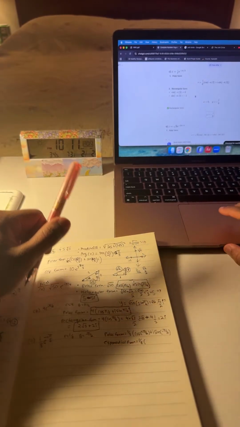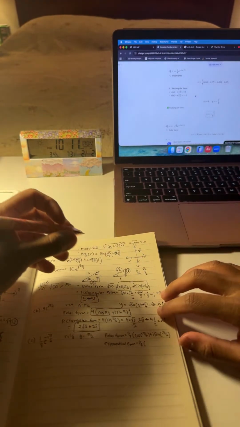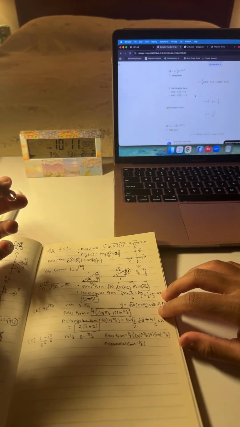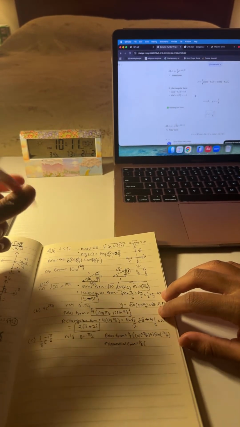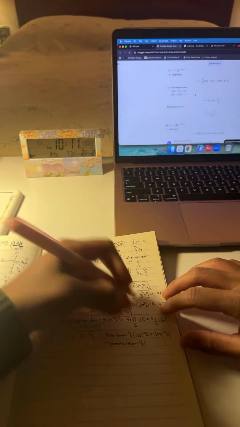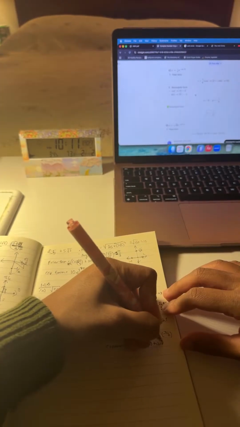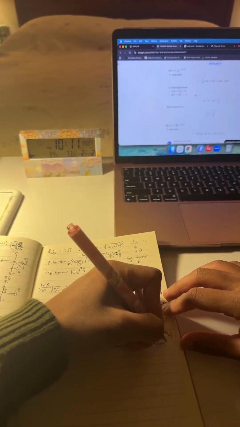I don't know. But apparently, cosine of negative pi over 2 is 0. Oh, that makes sense, because cosine is the x-axis. Okay, so that's 0, plus i sine of negative pi over 2 is negative 1.